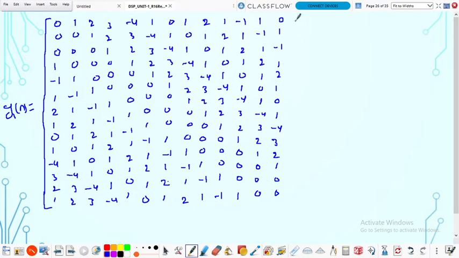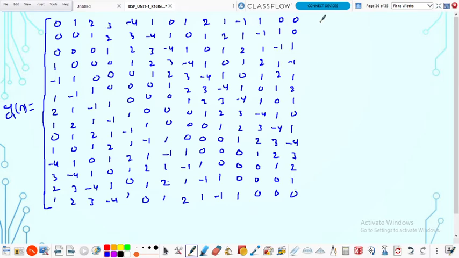Again rotating, we get 0, 0, 1, minus 1, 1, 2, 1, 0, 1, minus 4, 3, 2, 1, 0.